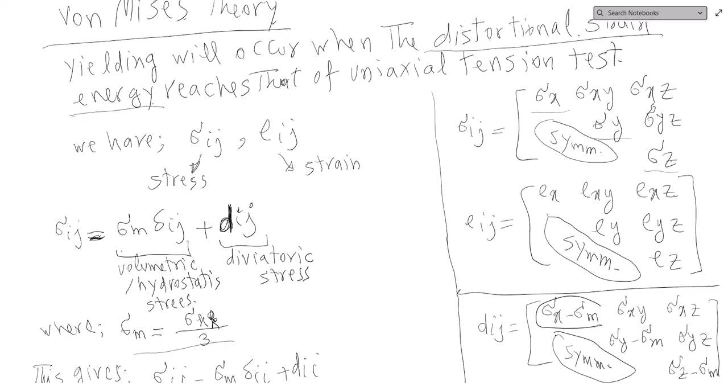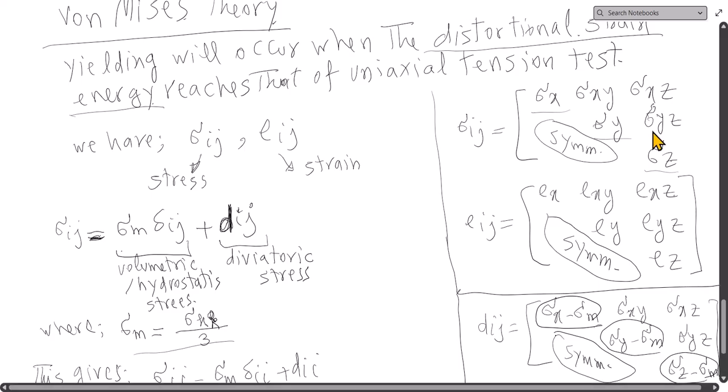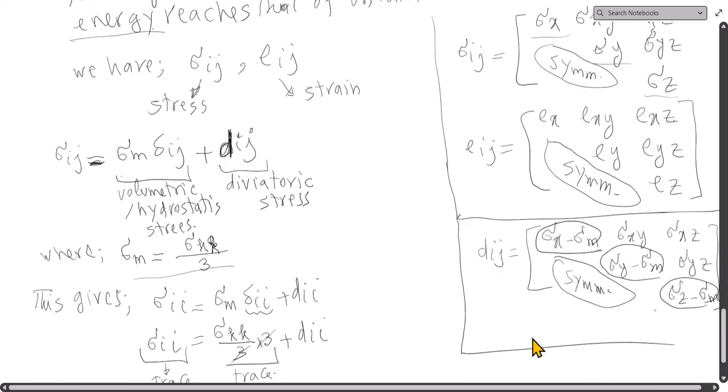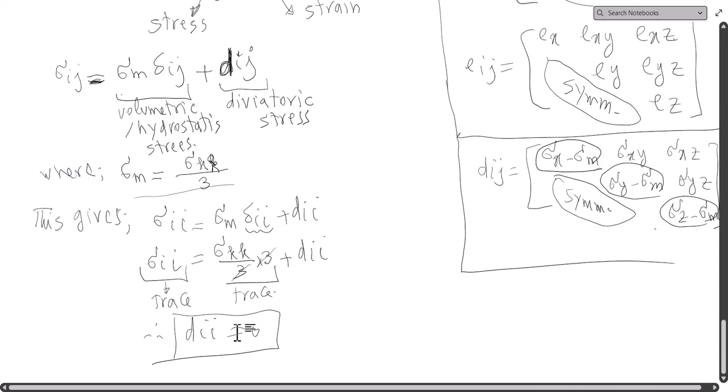Only these diagonal terms are affected. So if I subtract the average of the trace of my original stress from each element, then I will get the deviatoric. This is all about the operation that I have done here. And if you sum up these diagonals, it will give you 0, obviously, because you subtracted the average, as you see here.